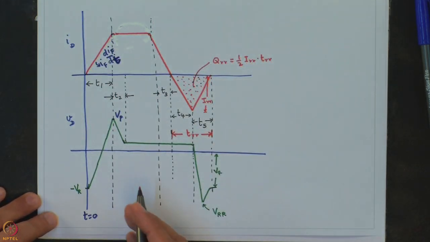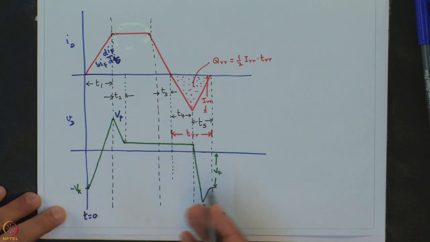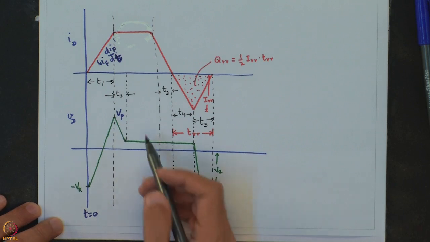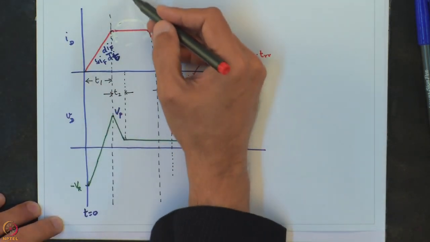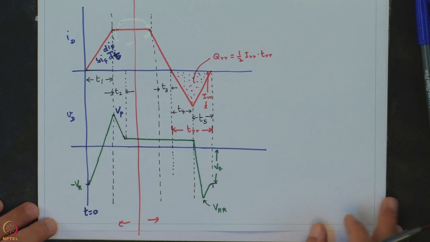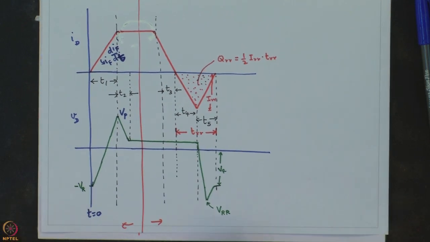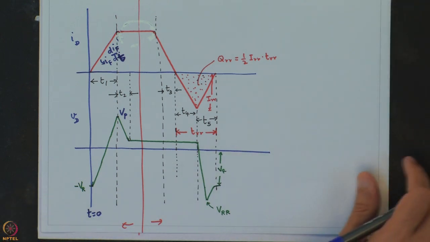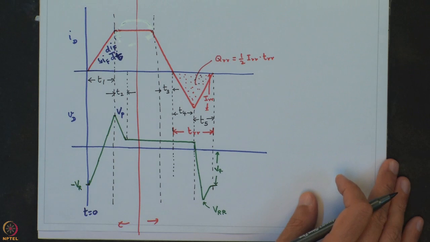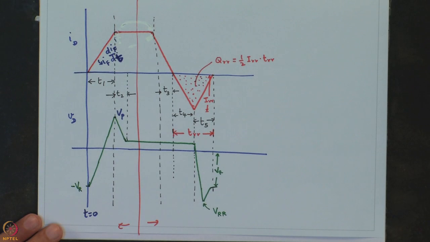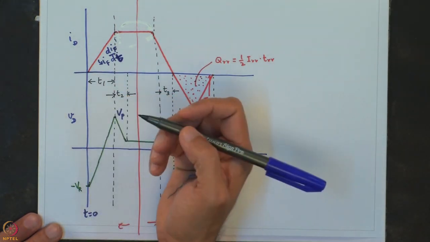So, what we are doing is we are looking at both the turn on and turn off switchings of the diode. What you see on the left side is the turn on and on the right side is the turn off switching of the diode. During the turn on, let us say that the reverse voltage across the diode, just before we started to turn on the device, was minus VR, and the current was obviously 0.